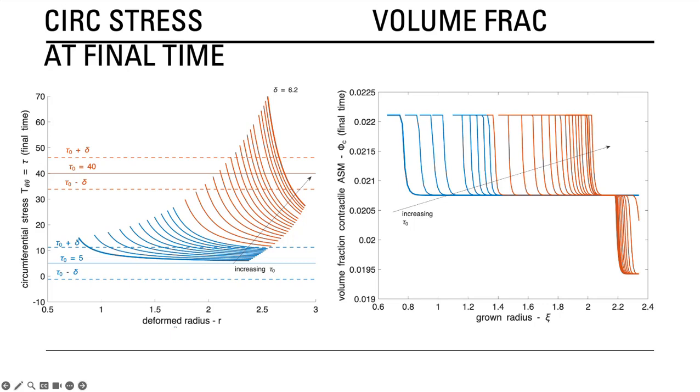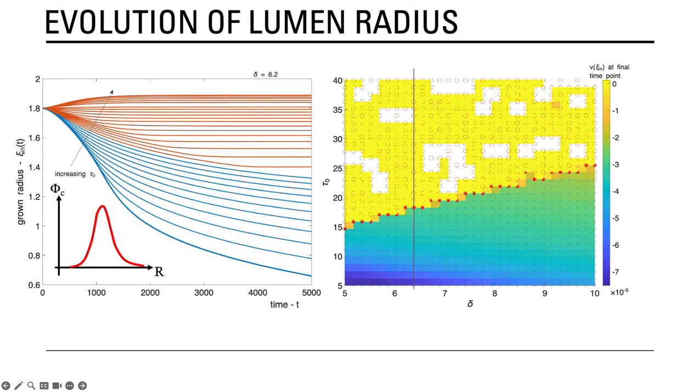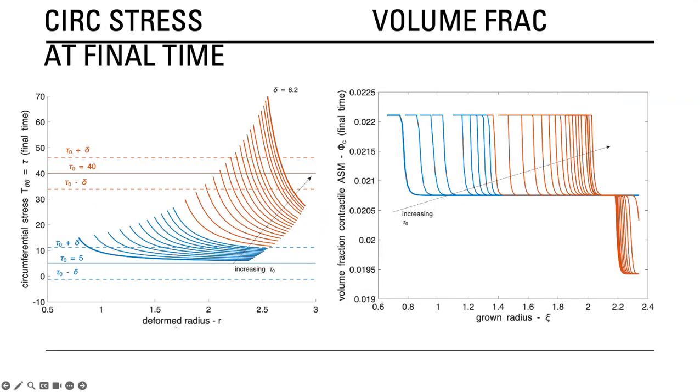At those final times, I've plotted the circumferential stress across the airway for the same value of delta and increasing tau naught. And what we see is that for the blue curves, I've plotted the stress window, and the stress does not span the entire window.